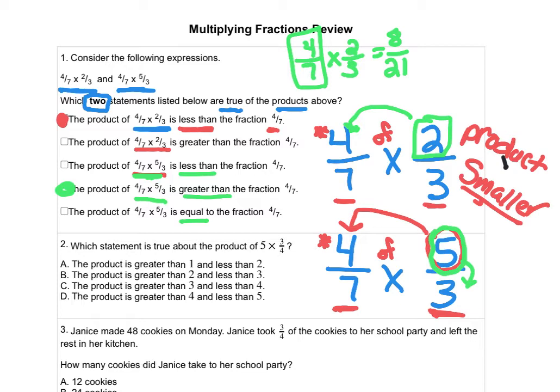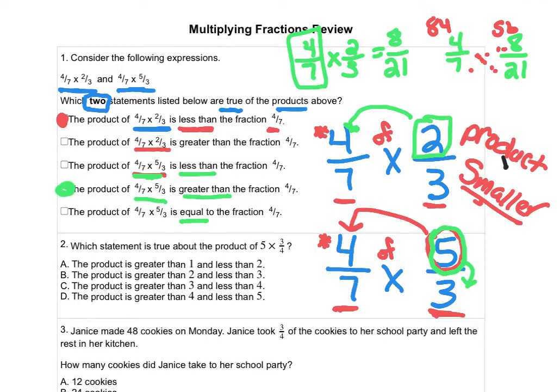Is our answer greater than 4/7 or less than? So you would compare 4/7 and 8 over 21. 7 times 8 is 56, 21 times 4 is 84. 56 is less than 84, so 8 over 21 is less than 4/7.